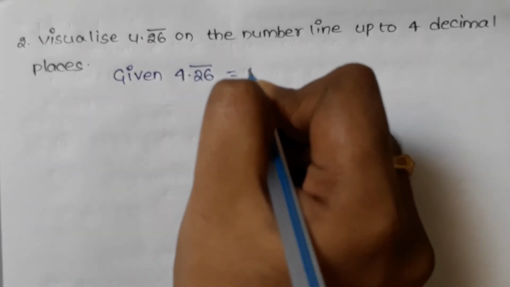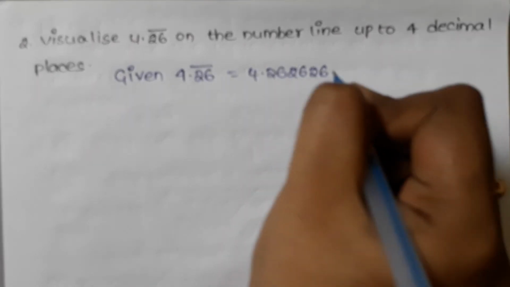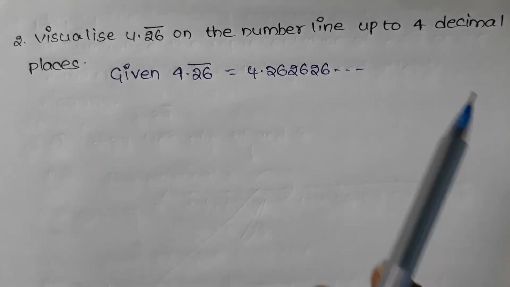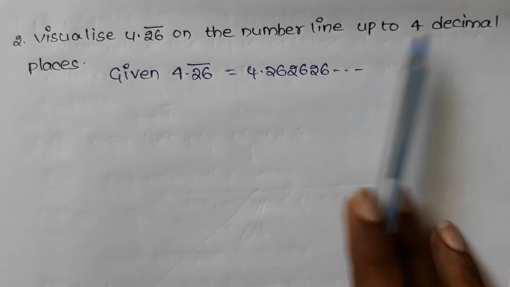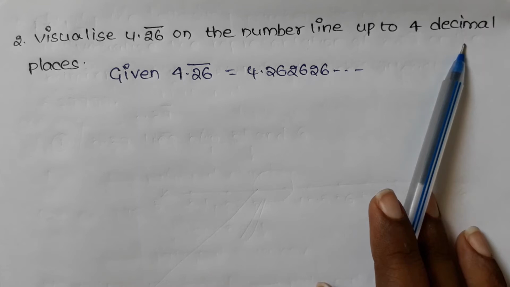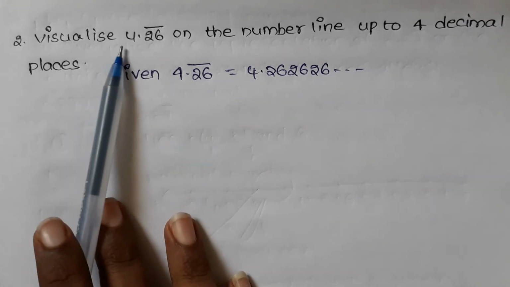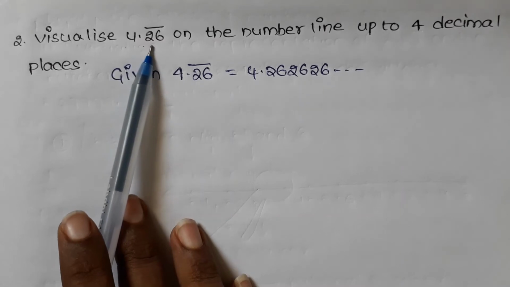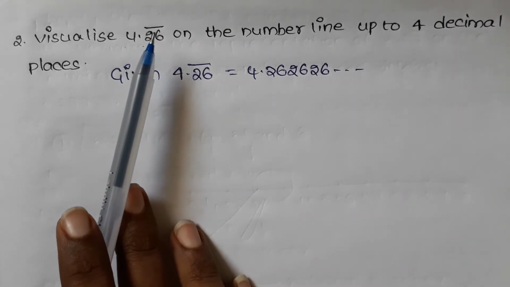It is nothing but 4.26, 26, 26 and so on. And they asked to place it on the number line up to 4 decimal places. So here this 4.26 will be located in between 4 and 5.